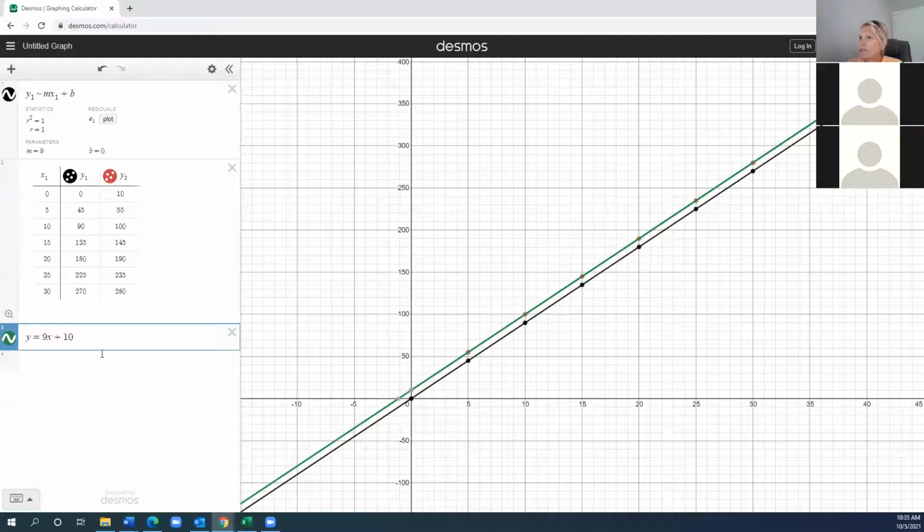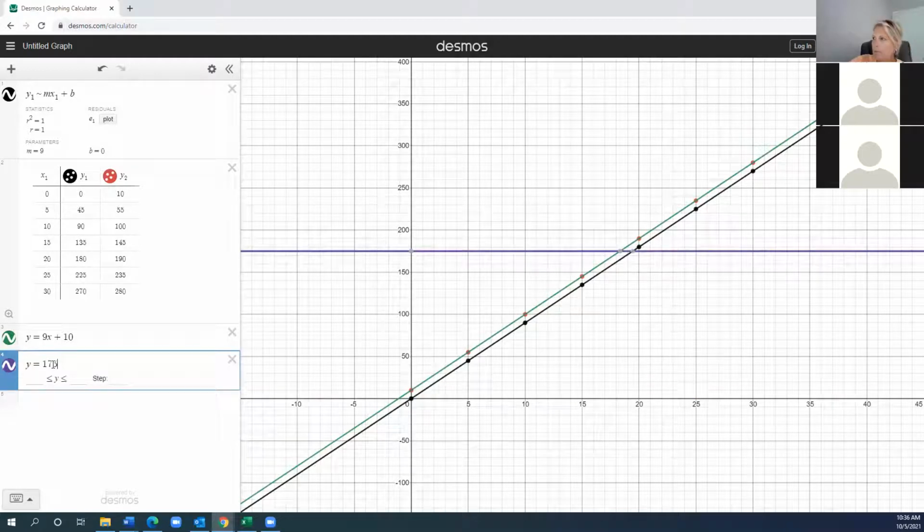Another way you can do it in Desmos is, if you go down here to another line to type something, let's draw a line at y equals 175. And now when I hit enter, look at it, it gives an intersection.